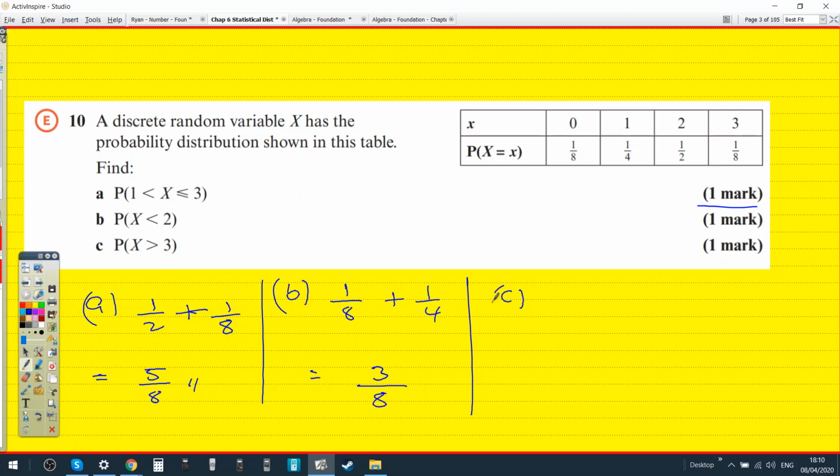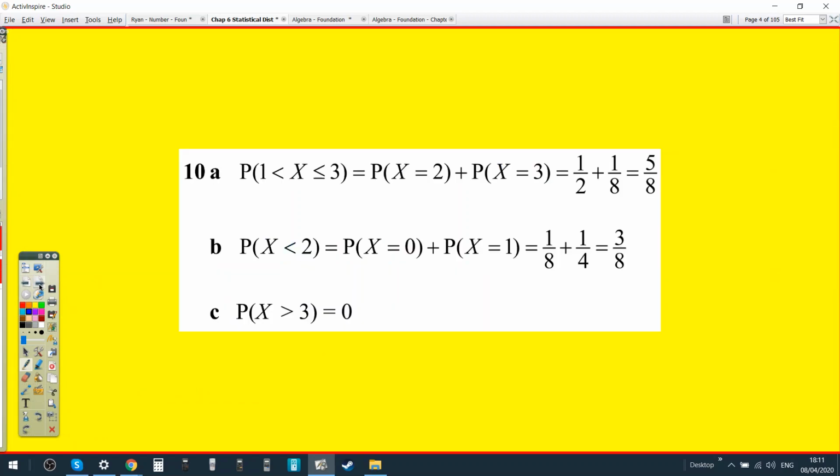And C. 0. Yep. Any questions there? No. Don't overthink. 5/8, 3/8, 0.